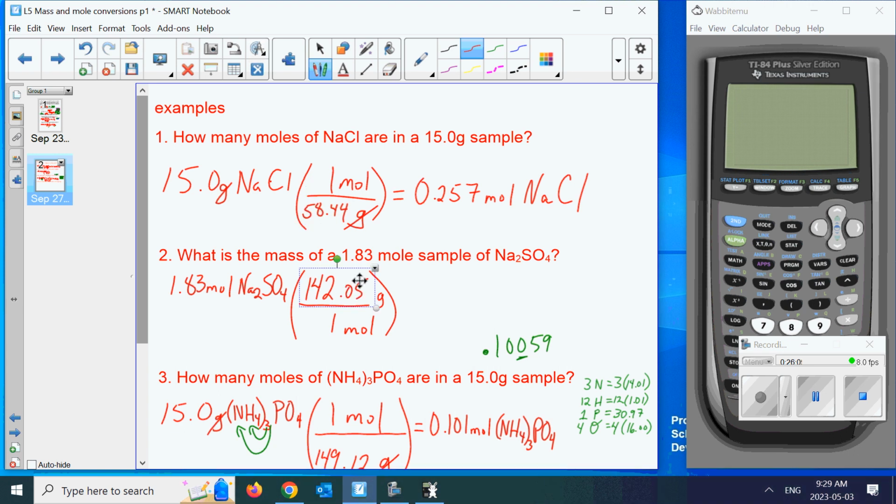I multiply. 259.9, so I call it 260 grams of Na2SO4.